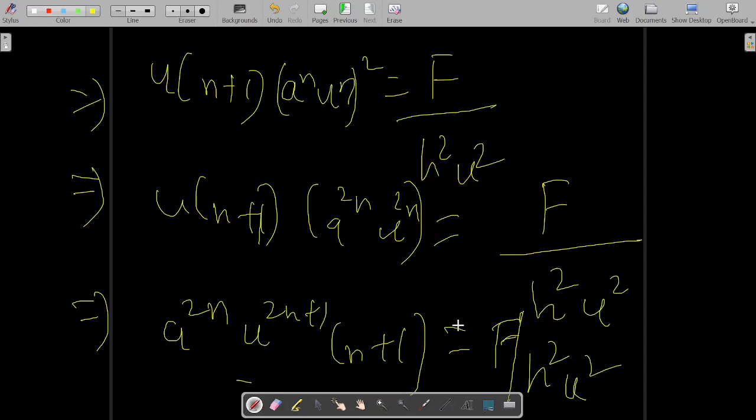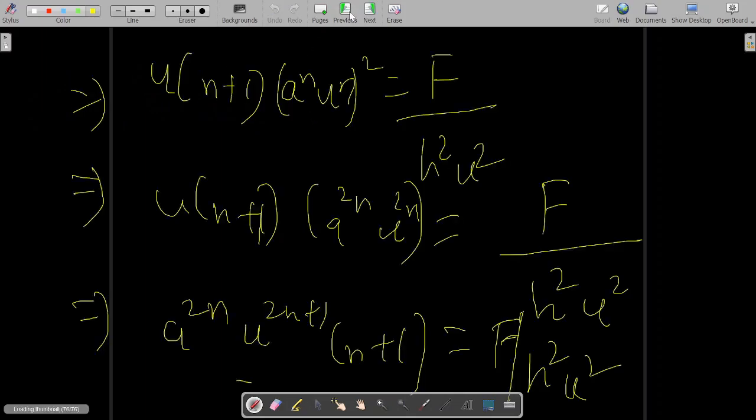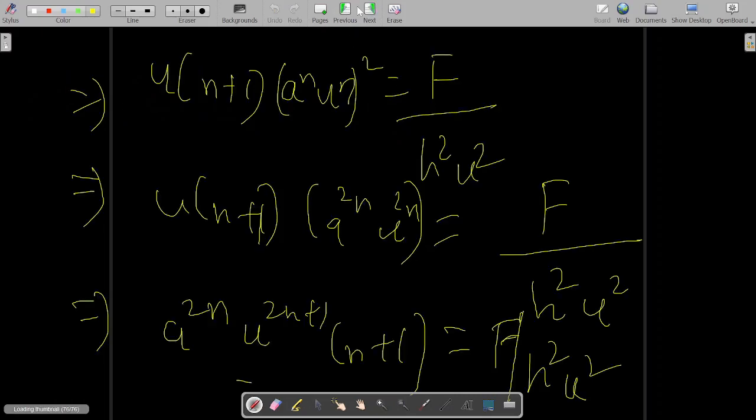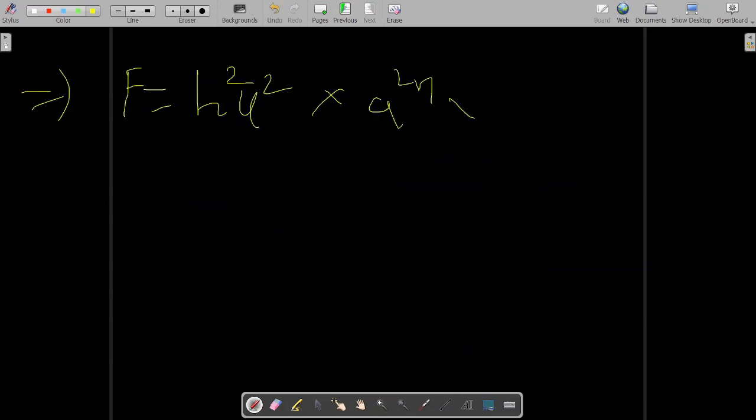So from here you will get f equal to h square u square multiplied by a to the power 2n u to the power 2n plus 1 into n plus 1.